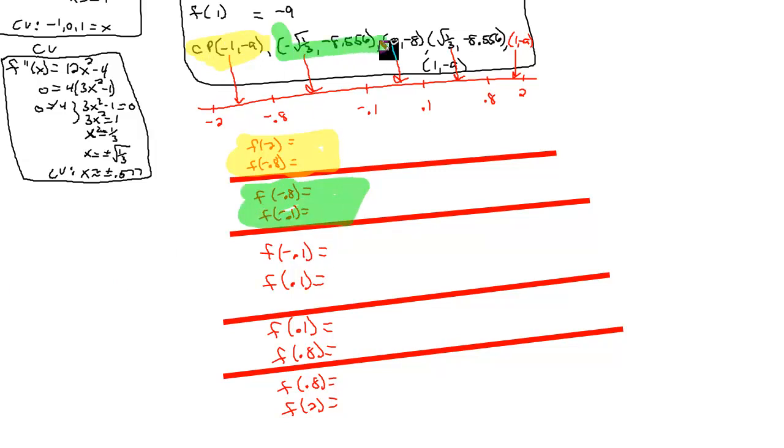This one is being compared to this point. This one goes with these. This one goes with this one. And this one, 1, -9, goes with this one.